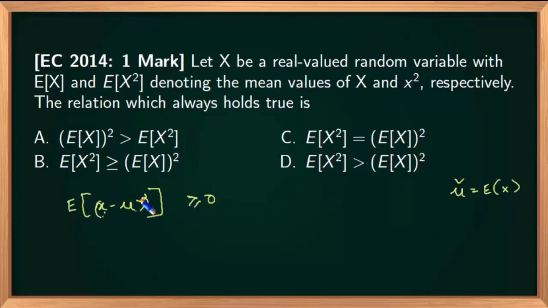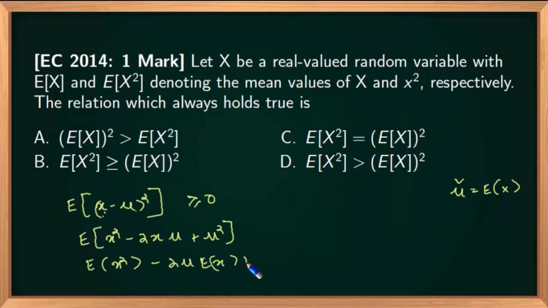So this is what I know. Now once I expand this, I'll get E of x square minus 2x mu plus mu square, which is the expected value of x square, taking the expectation inside, minus 2 mu, a constant, into the expected value of x, plus the expected value of mu square.